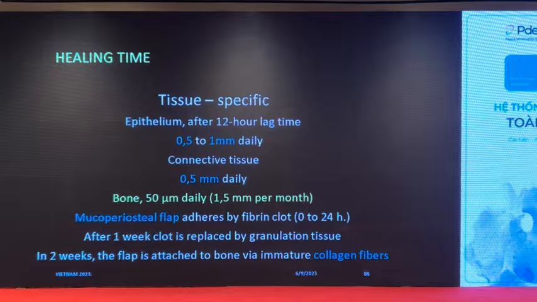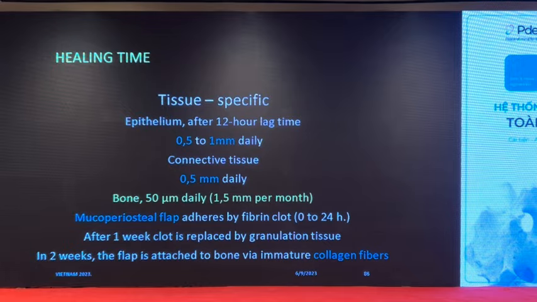As you can see on the slide, epithelium grows from 0.5 to 1 millimeter daily, which is a big difference from bone, which grows 1.5 millimeters per month. Because of that, we need a good membrane to isolate this soft tissue and to buy some time for the new bone formation.